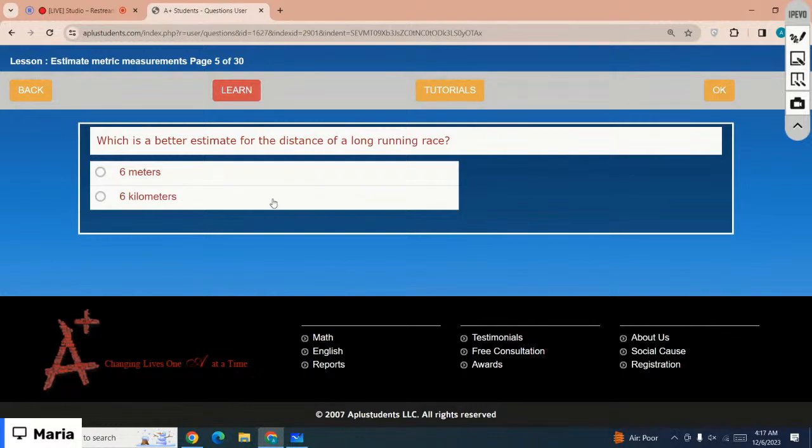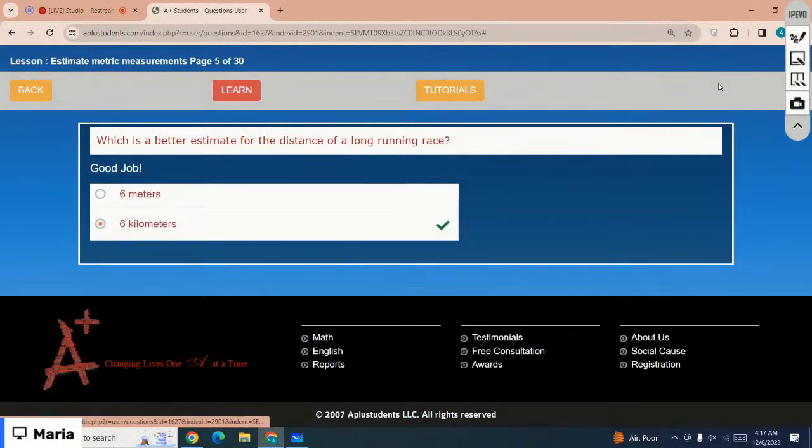Long running race it is. Yes, that is 6 kilometers. Very good.